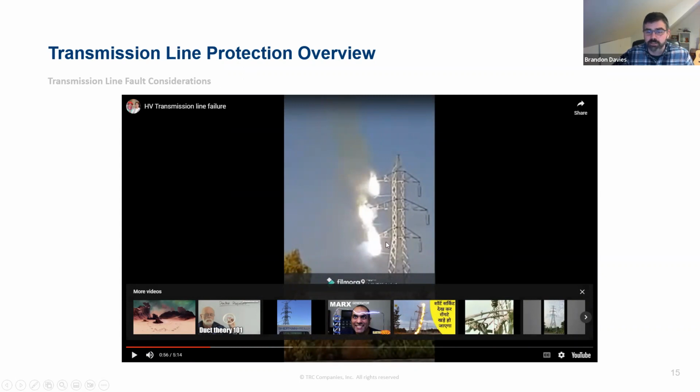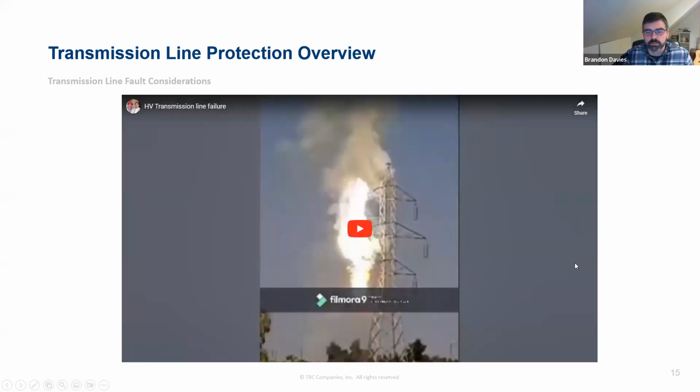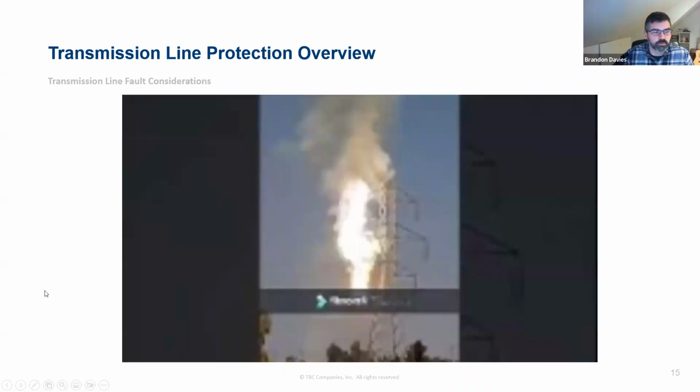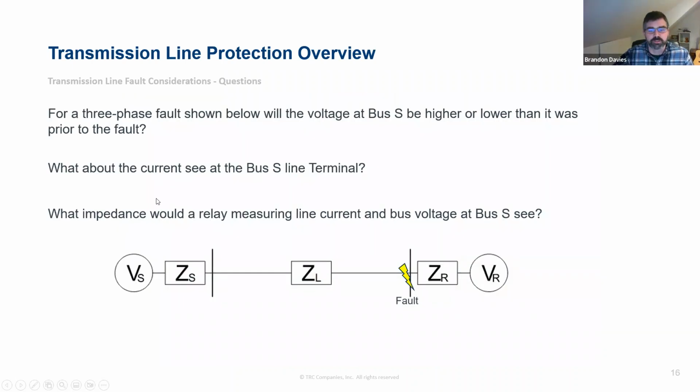I can tell you as a protection engineer, that is not how we want our protection system to operate. That fault should clear in well less than a second. It should be a matter of cycles for that fault to clear. The fact that someone had enough time to get their phone out, start recording, and then watch it go through that whole thing tells me that it was a pretty big failure of the protection system.